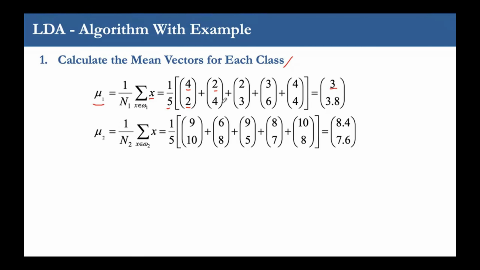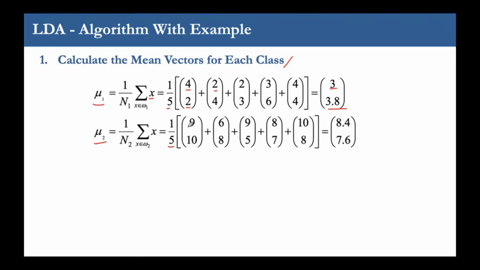That is 2 plus 4 plus 3 plus 6 plus 4 divided by 5, which is equal to 3.8. Similarly, we find the mean vector for the second class, mu2. Mu2 is equal to 1 by 5. We have 5 data points, and the first data point in class 2 is 9, 10, and so on.